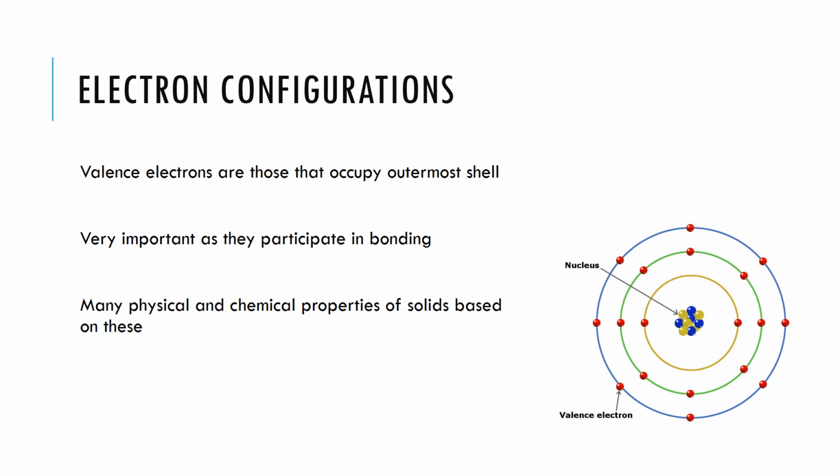So how this outer shell is filled ultimately dictates the properties of the element or compound in question. And this has very important ramifications when we're talking about large assemblies of atoms, so crystalline solid materials, which will form the basis of this module.